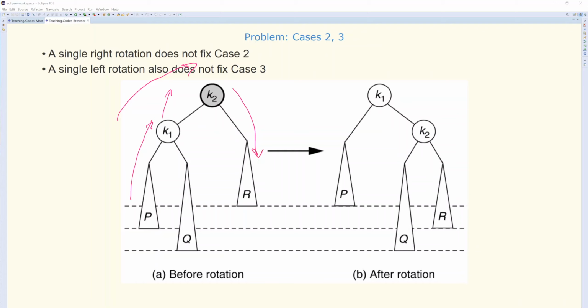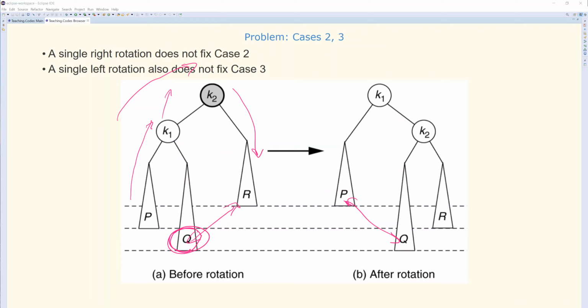K2 and R have gone down. K1 and P have gone up, but the imbalance was due to the Q here and it remained in its place. Earlier, the imbalance was between Q and R. Now it's between Q and P. But the important thing is it is unbalanced. So it doesn't solve our problem.